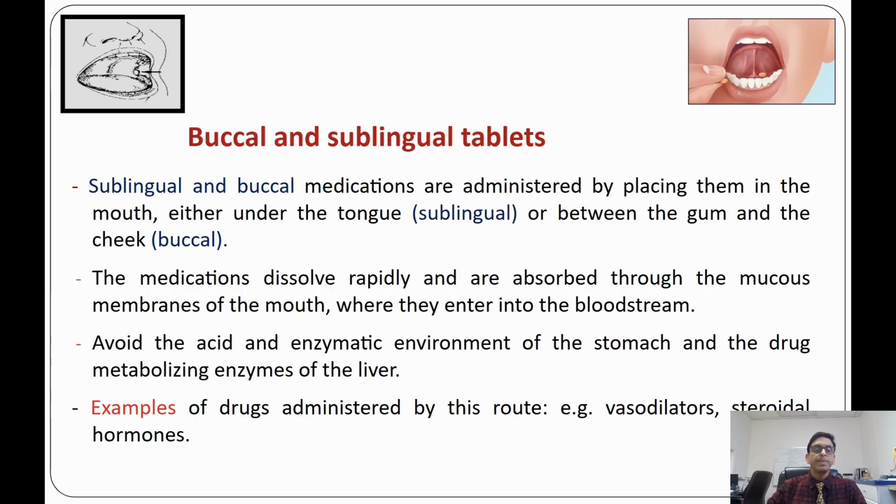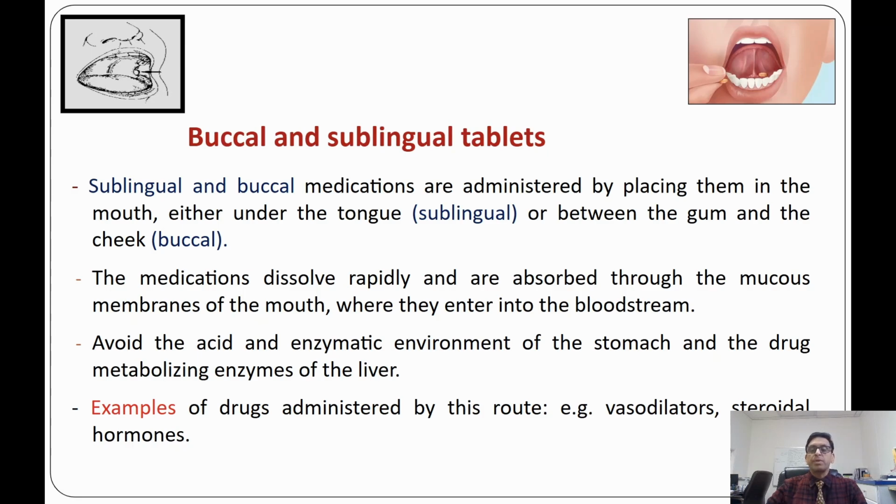The medication dissolves rapidly and is absorbed through the mucous membrane of the mouth, where it enters the systemic circulation or bloodstream. This dosage form is popular because it can bypass the GI system, the gastric environment and the enzymatic environment of the stomach.